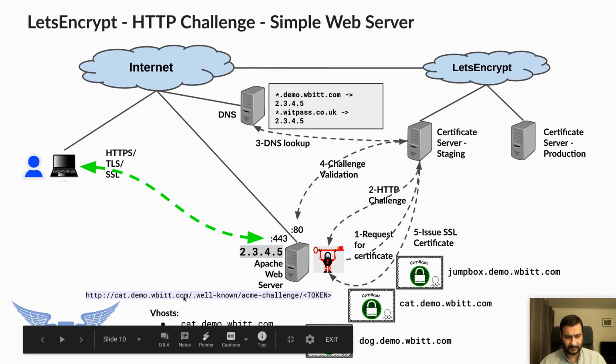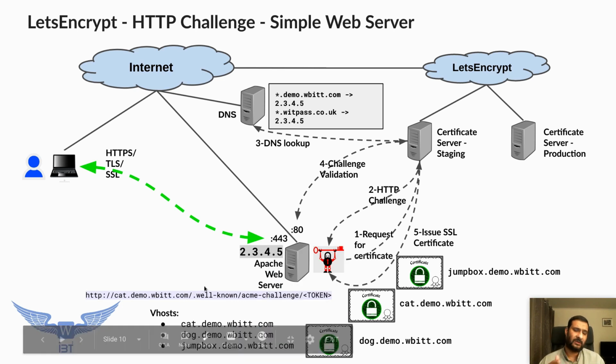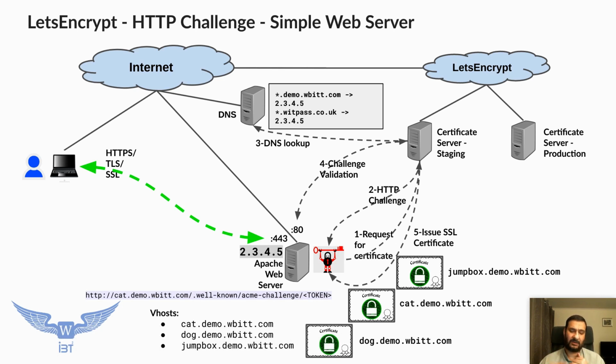In this example, the virtual hosts running on this web server are cat.demo.wbitt.com, dog.demo.wbitt.com, jumpbox.demo.wbitt.com, right? So this is a simple web server serving some virtual hosts.